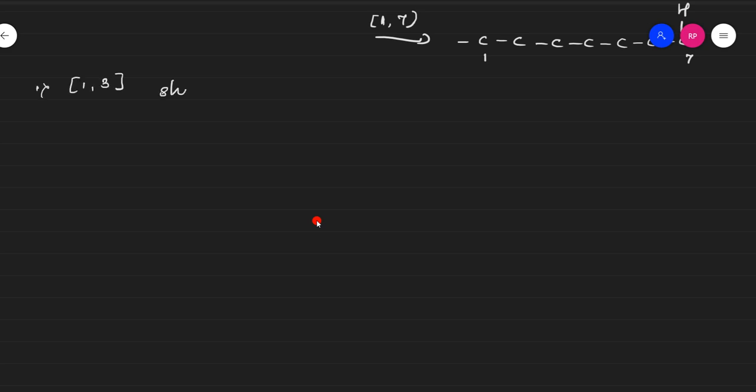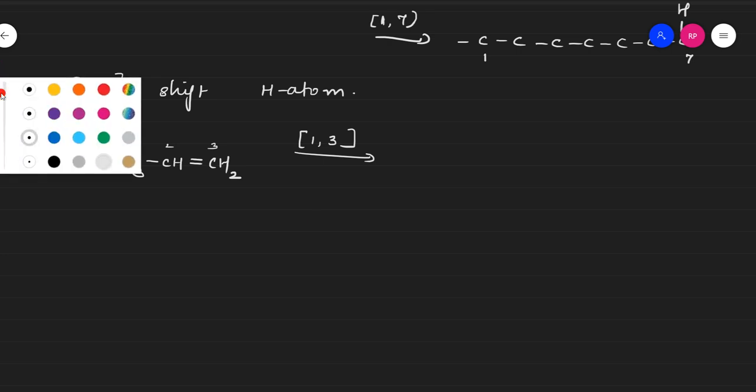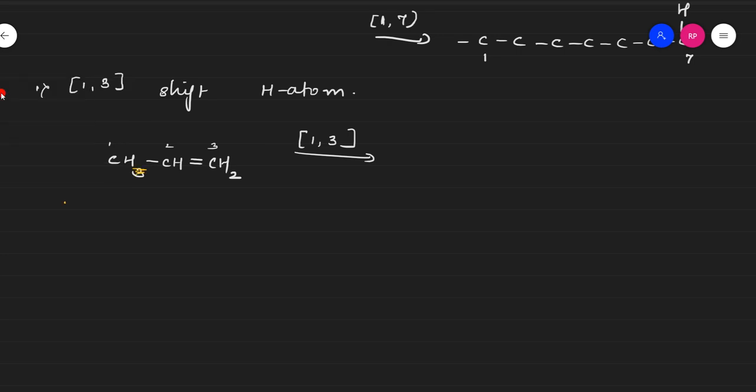A 1-3 shift example. We'll talk about the shift of an H atom. Let's say you have a system like this, and this is a 1-3 shift: first, second, and third. Now what is there on my first carbon atom? This H. This H is going to shift over here.